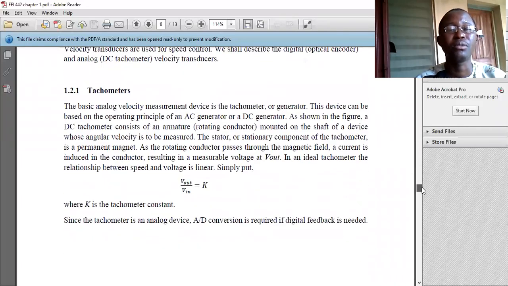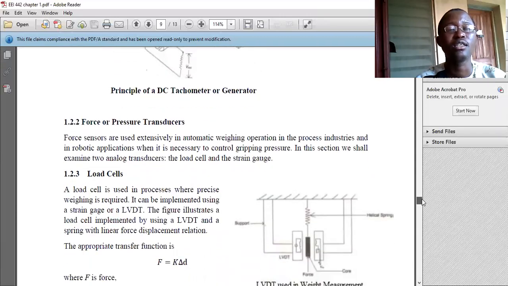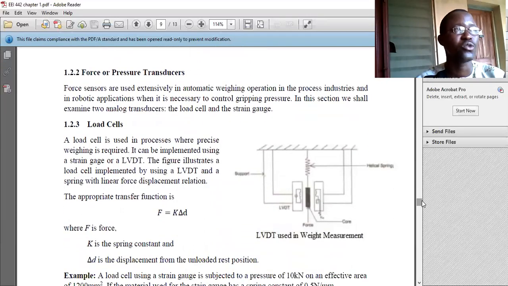Now we are through with the tachometer. We want to look at the force or pressure transducer. There are basically two types of force or pressure transducer that we are going to look at.